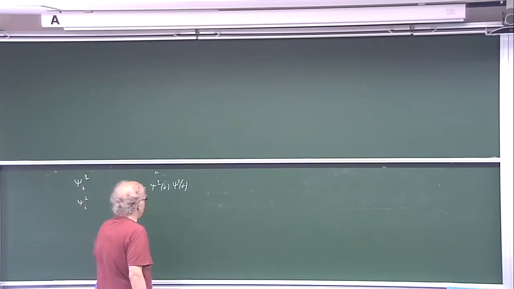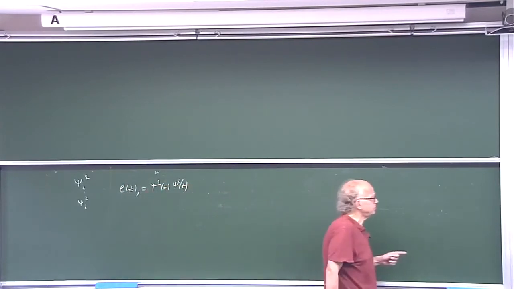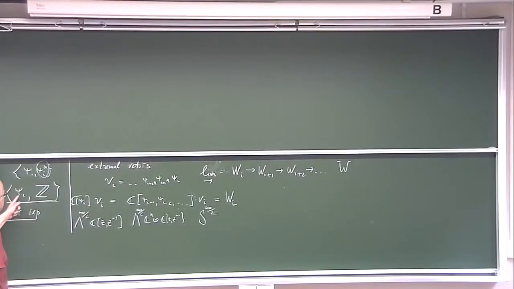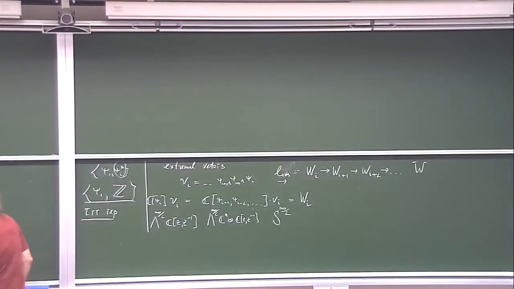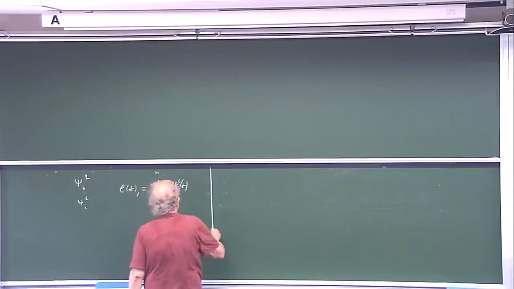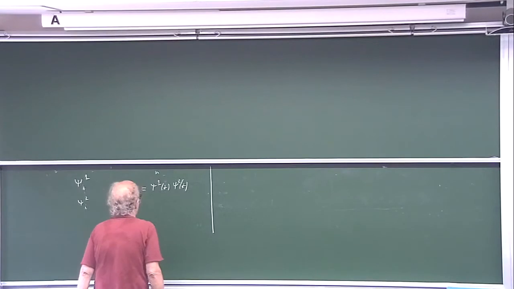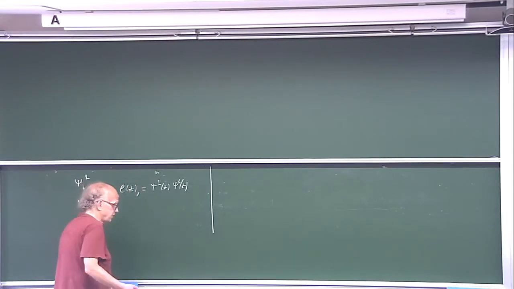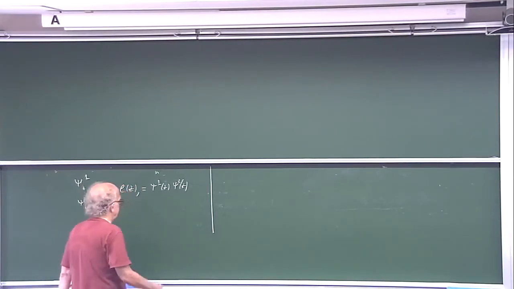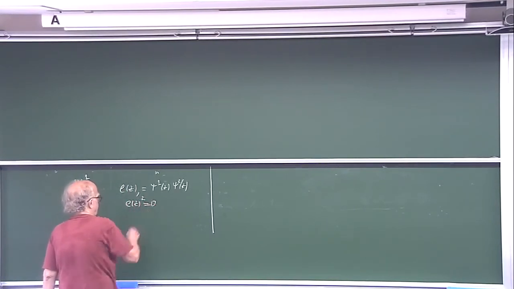But what is possible to do is to repeat more or less this story, but replacing psi by E. If we write this down, this E is acting in the representation, and so we can check that E(z) squared is 0.